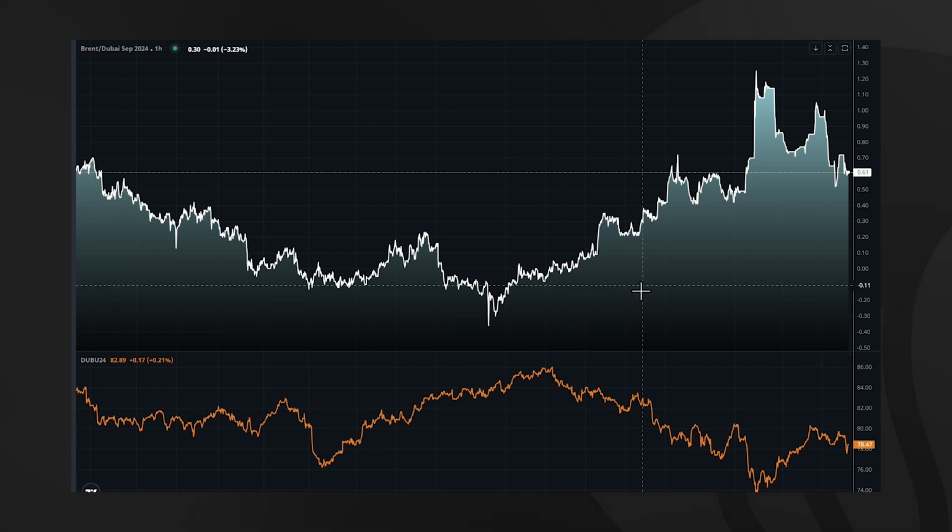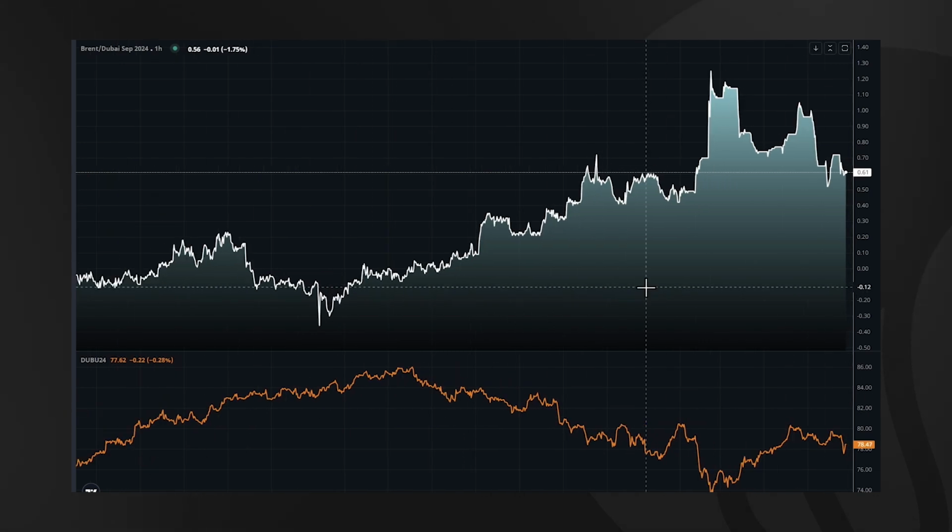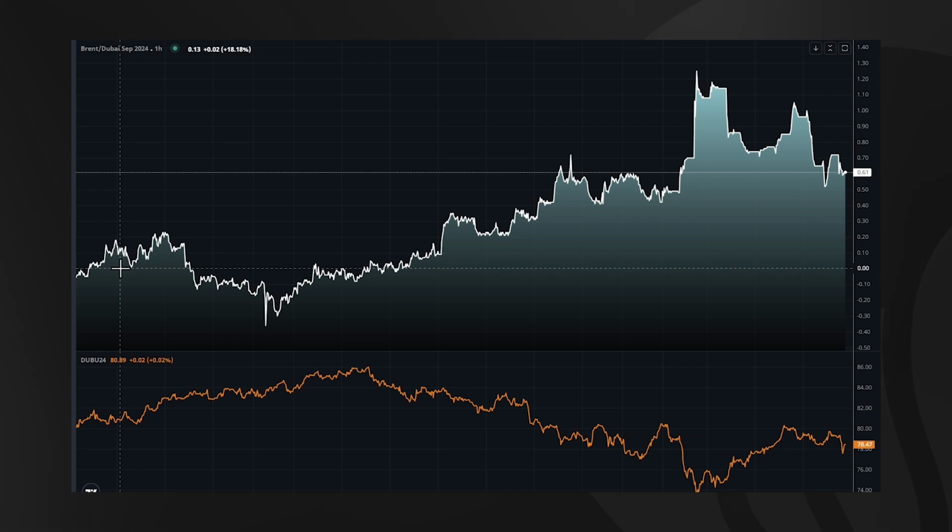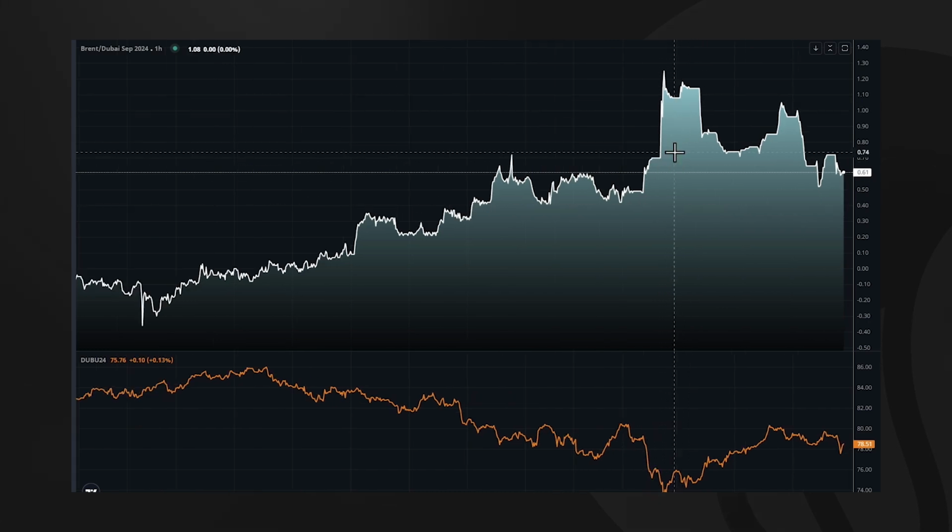Now, let's take a further pause. Looking at the general evolution of the Brent Dubai pricing, we can notice a bit of strength in prices starting from the beginning of August and then prices falling down, and again a repetition of these moves, which suggests this has gone in line with the strength that we have noticed in the Dubai market, in the Dubai contract, and then the weakness in this market as well.